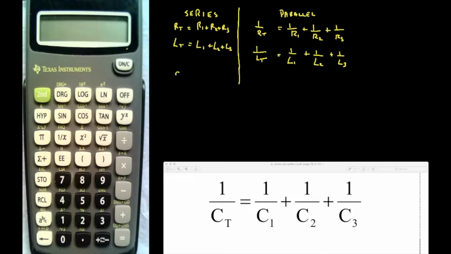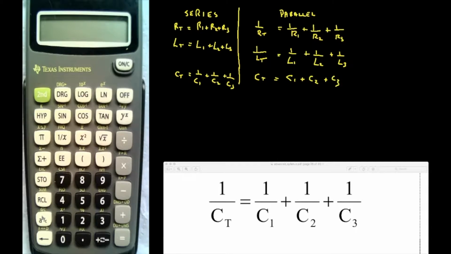So CT for series is equal to 1 over C1 plus 1 over C2 plus 1 over C3. And for parallel capacitors, CT is equal to C1 plus C2 plus C3.